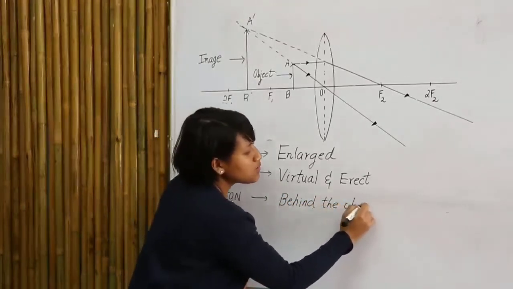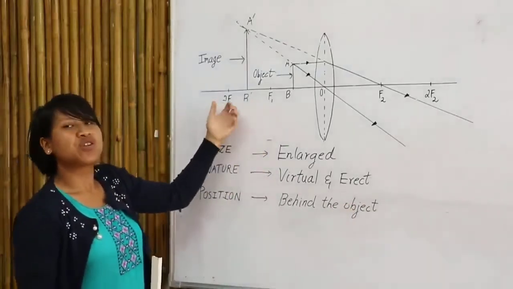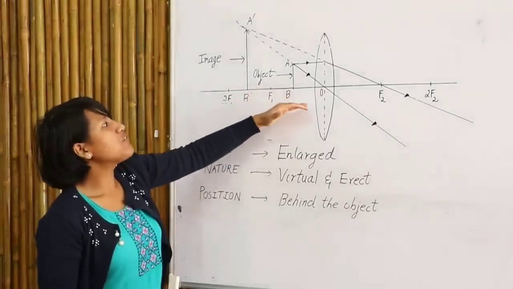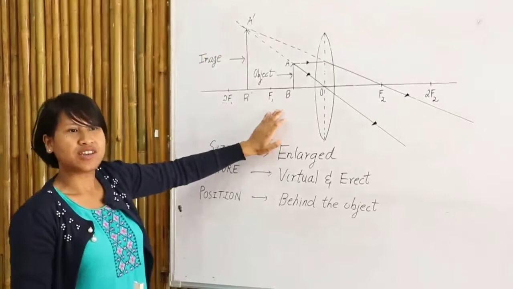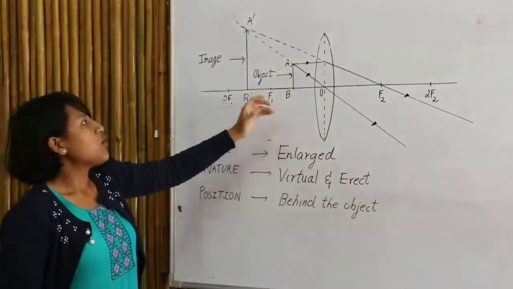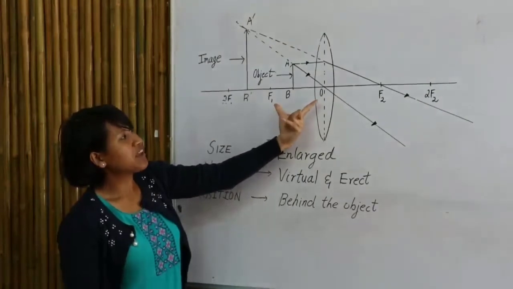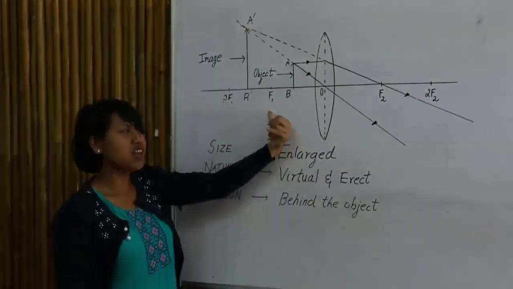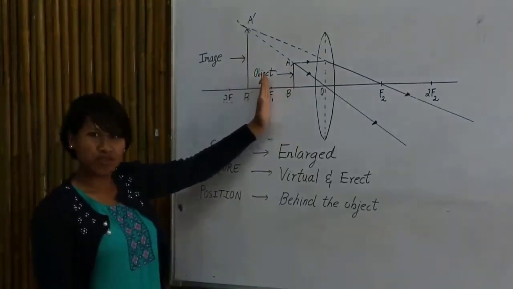We need not specify whether it lies between this and that, because it will vary, but eventually it will be behind the object. Now we have done the case when the object is placed between the optical center and the first principal focus.